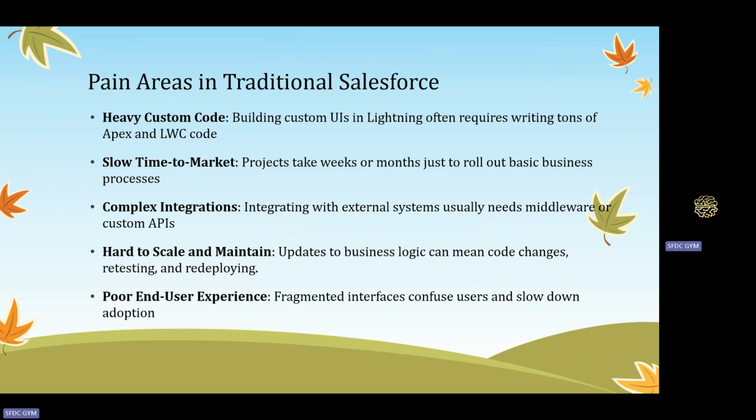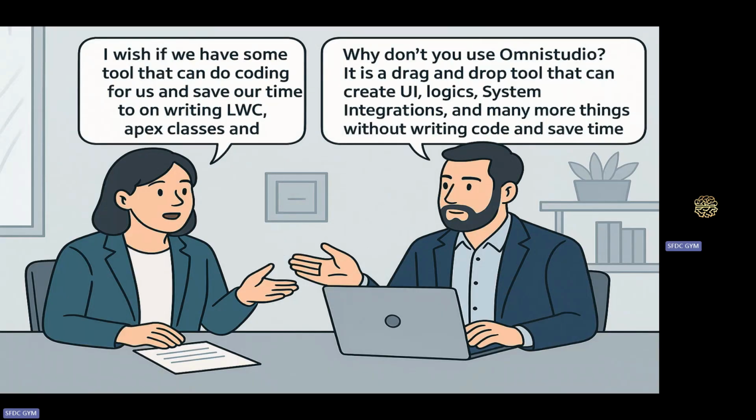Okay. Now let's see how Salesforce OmniStudio is going to help and make our process easier. Let's also explain this with the help of an example. Let's say she is a business owner, and a tech architect from a different project, and the business owner is saying, I wish we had some tool that can do coding for us.